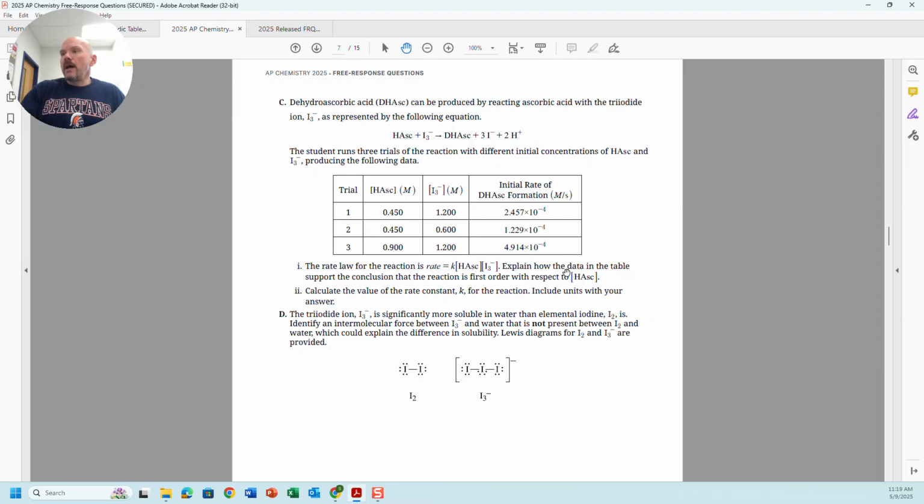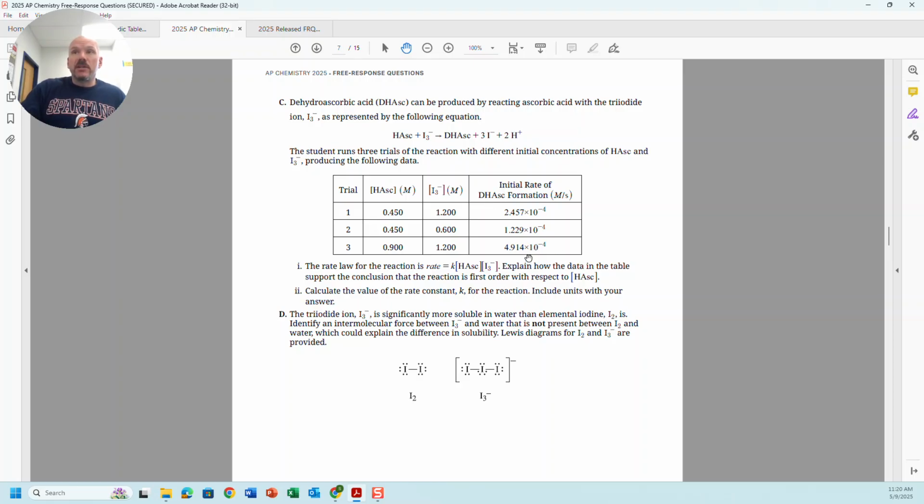So we want to explain how this data shows that the ascorbic acid is first order. We would look at trials 1 and 3 because that's where we changed the ascorbic acid, but we kept the I3 minus constant. From trial 1 to trial 3, we doubled the concentration of ascorbic acid, and if we did the math here, we would see that the rate also doubled.